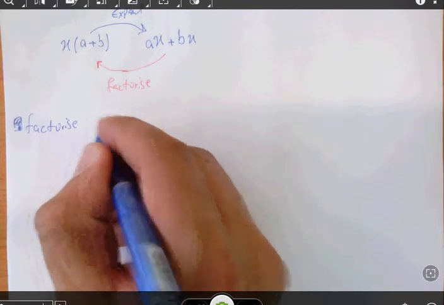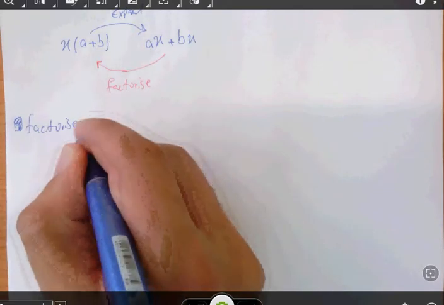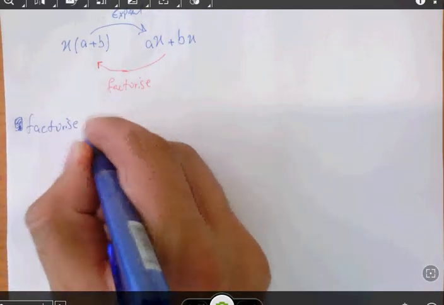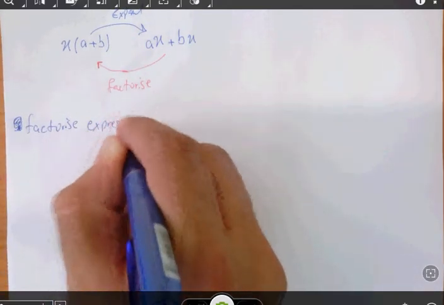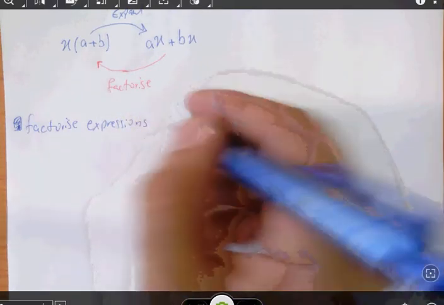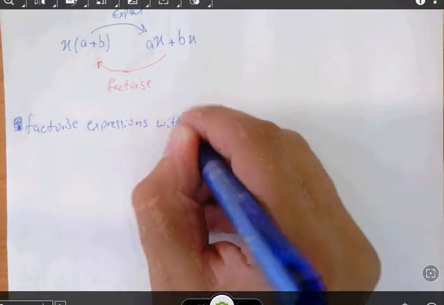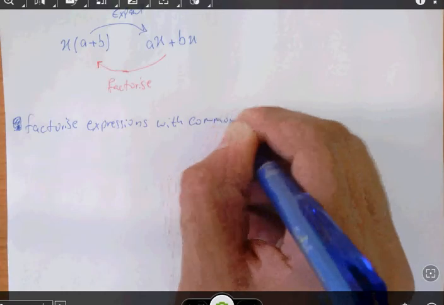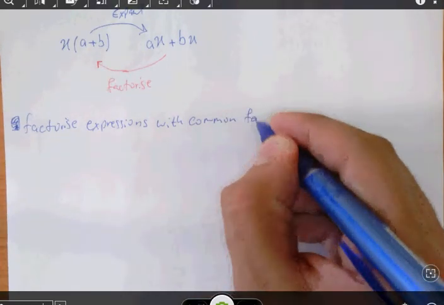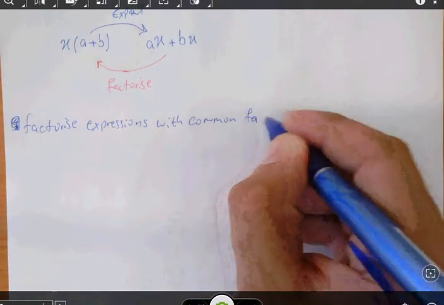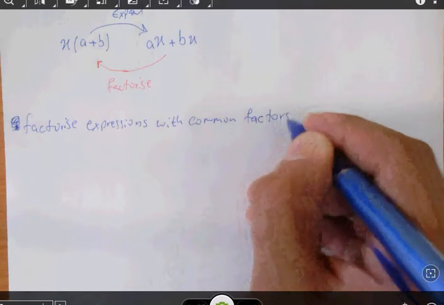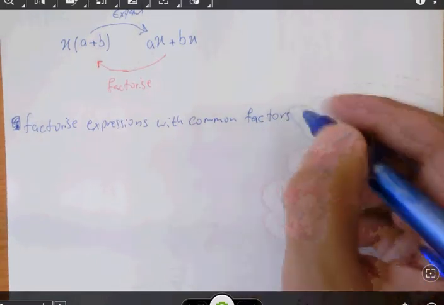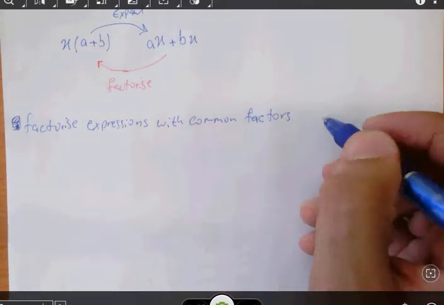I'm just going to write this: factorize expressions with a common factor, right? That's the situation where I do have common factors and I can see them. It's easy, right? So I need to take out that common factor.